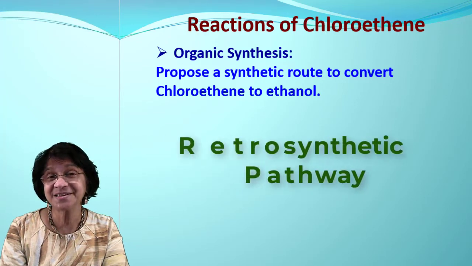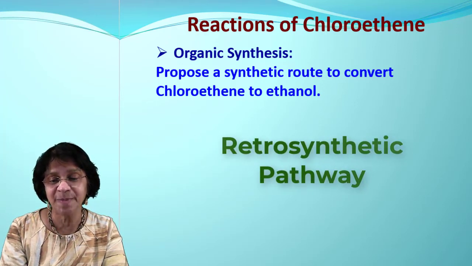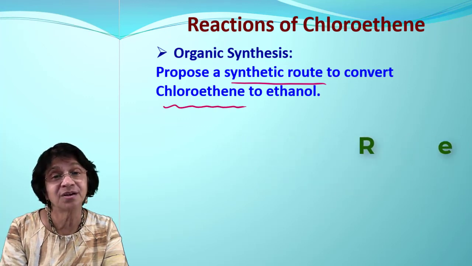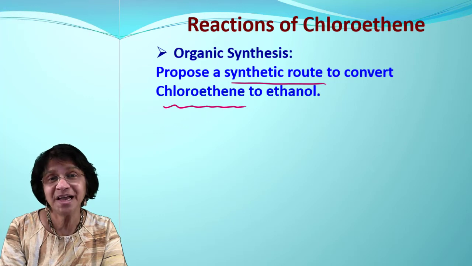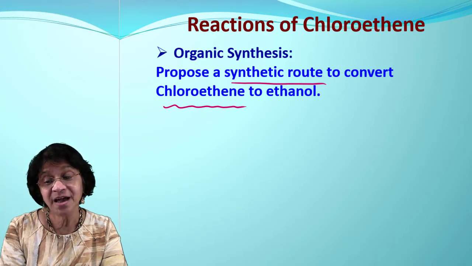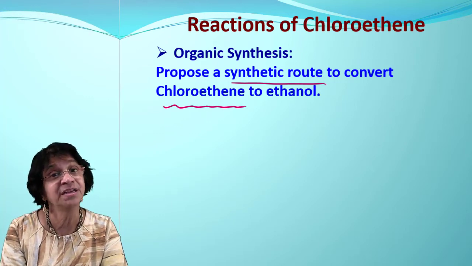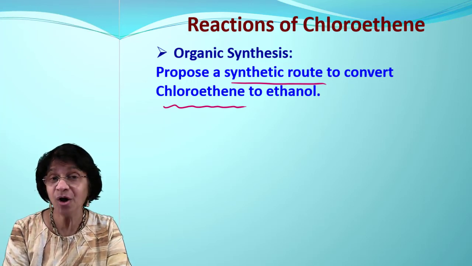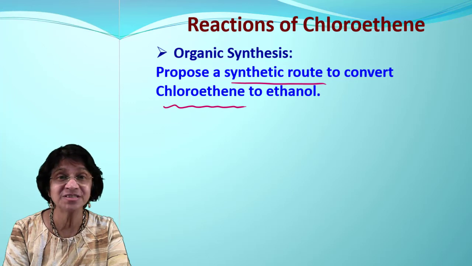Now this is an interesting question. It goes back to synthetic routes. How do you convert chloroethene to ethanol? And that is one of the helpful reactions, because ethanol has many applications too. As an organic chemist, you will constantly be thinking about such conversions.